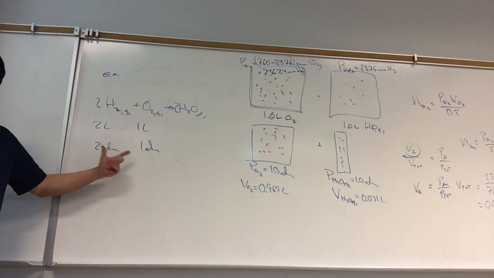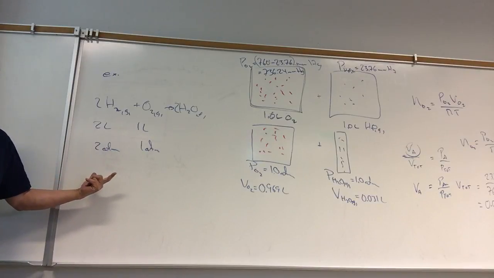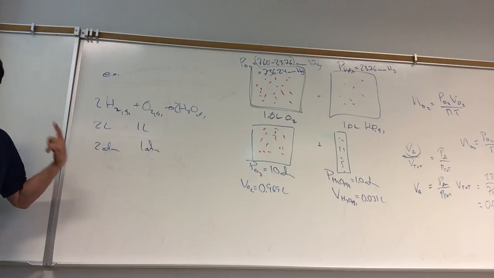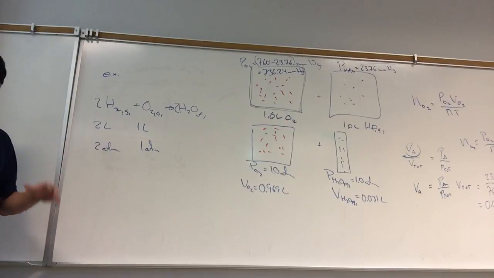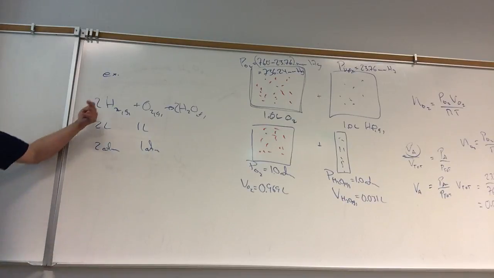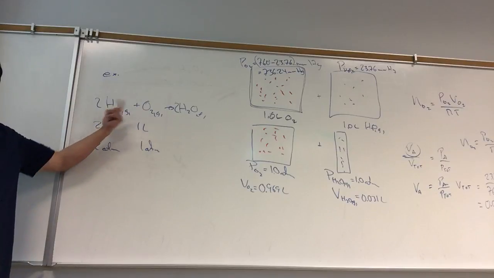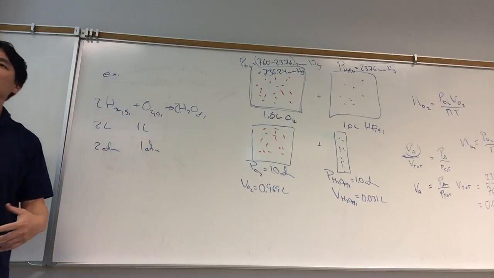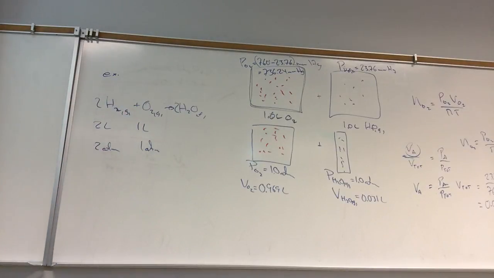Then I'm going to have a total of how many atmospheres? 3 atmospheres total. And what's the volume going to be? Let's say I have a 1 liter box. It's going to be 1 liter of hydrogen plus 1 liter of oxygen makes how many liters of mixture? 1 liter of mixture.